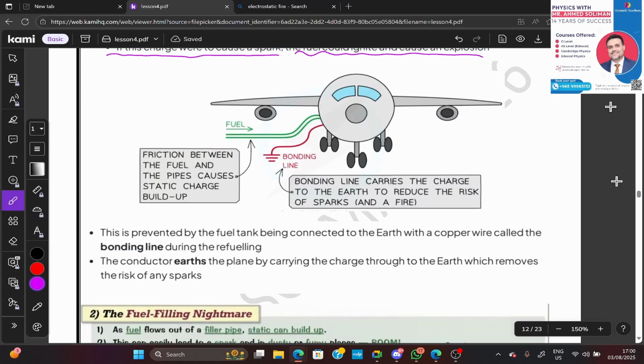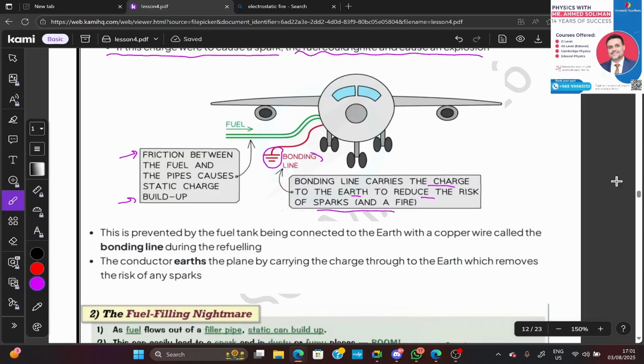This is why, as you see, while fueling the airplane, they connect its body to the earth. We call this earthing. So as you see, the bonding line carries the charge to the earth, to reduce the risk of a spark and a fire. And what is the reason? Friction between the fuel and the pipes causes the static charge build-up.